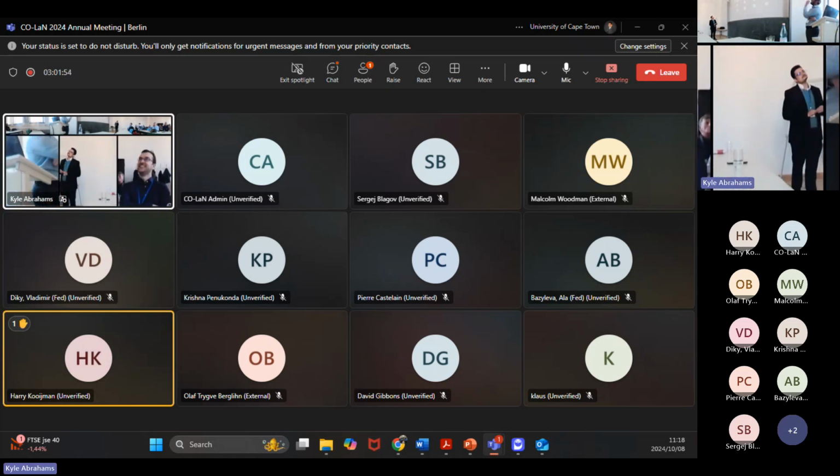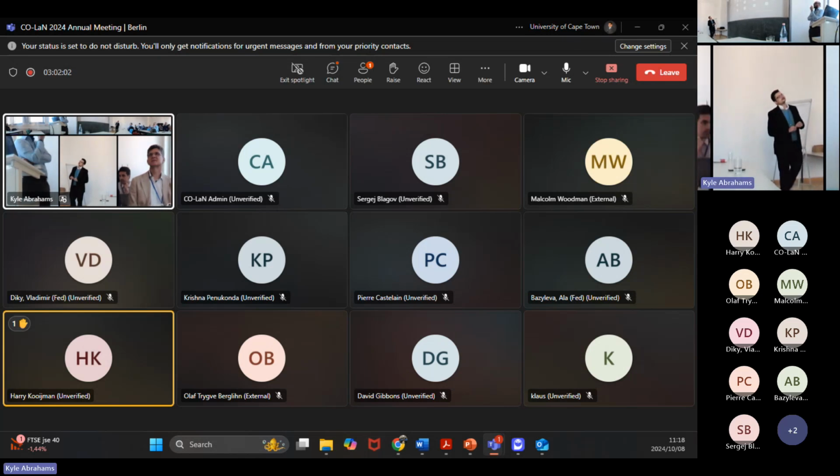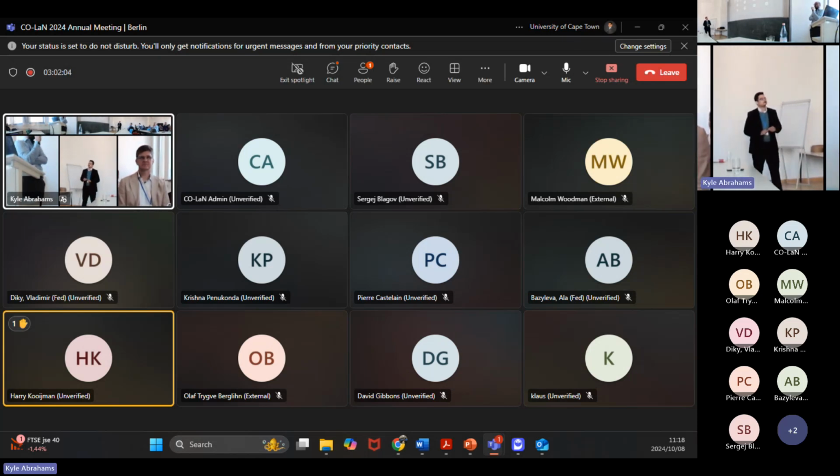Is it CO2 negative? Only if you capture. No, because there are two reasons. We are carbon negative because we are using green hydrogen from an electrolyzer fully run with renewable energy.